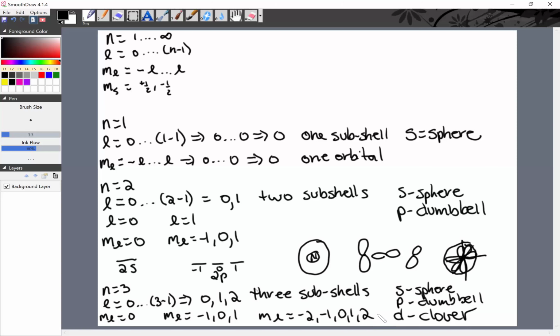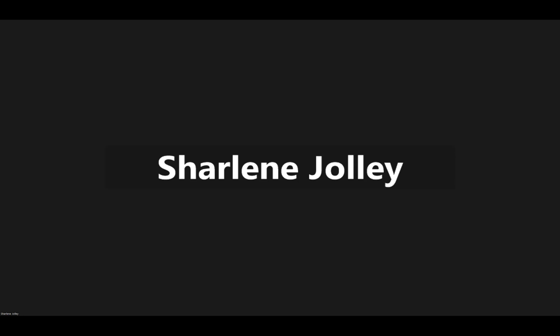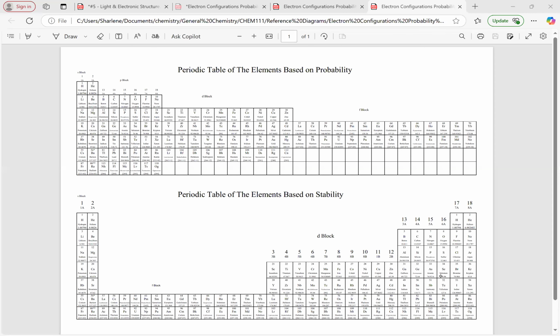All right, what is this predicting? I'm going to go out of the whiteboard and into my wonderful little probability versus stability, and this is on Canvas if you find it interesting and useful.